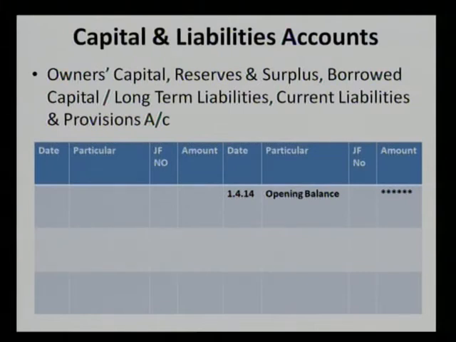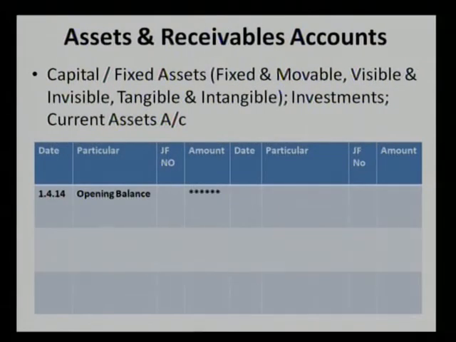Now again, the specimen account related with any of the assets as well as the receivables accounts includes any of the capital or fixed assets, that may be the fixed assets or the movable assets, visible or invisible assets, tangible or intangible assets, investments, as well as the current assets.